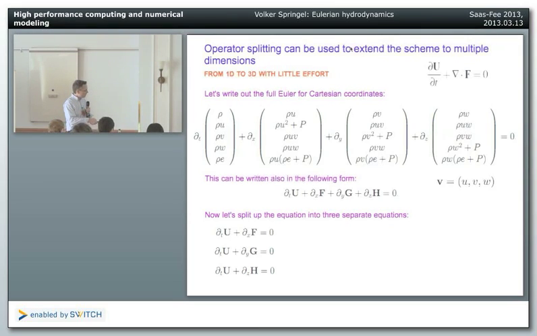This is an augmented 1D problem in the x direction, and effectively also in the y direction, and so on. But because of this augmentation, these additional variables cause no problem. I can just treat them passively in my Riemann problem.